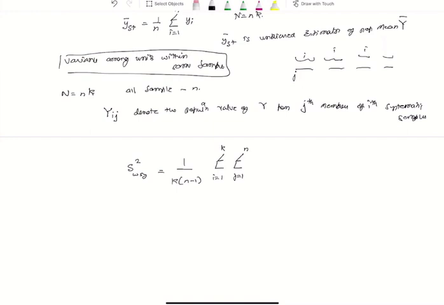And we are going to do y ij minus y bar i, squared. So for each sample we are doing y ij minus y bar i, and then we are adding it up for each group.